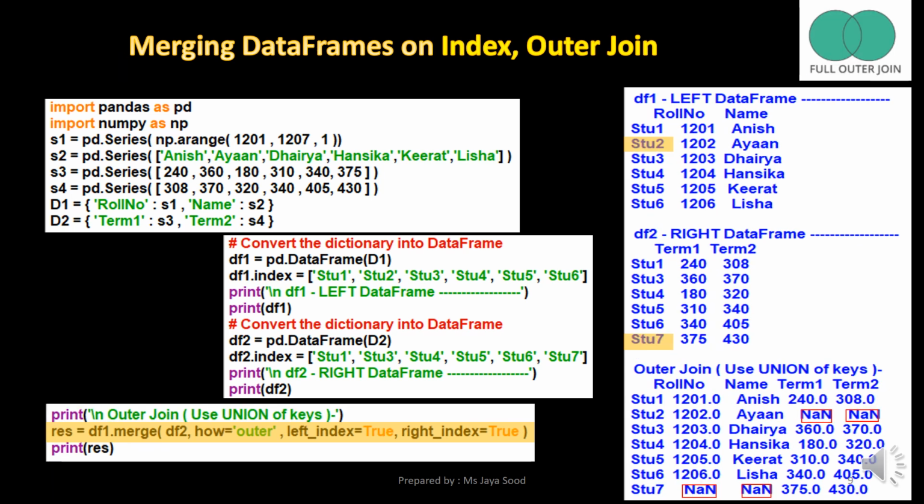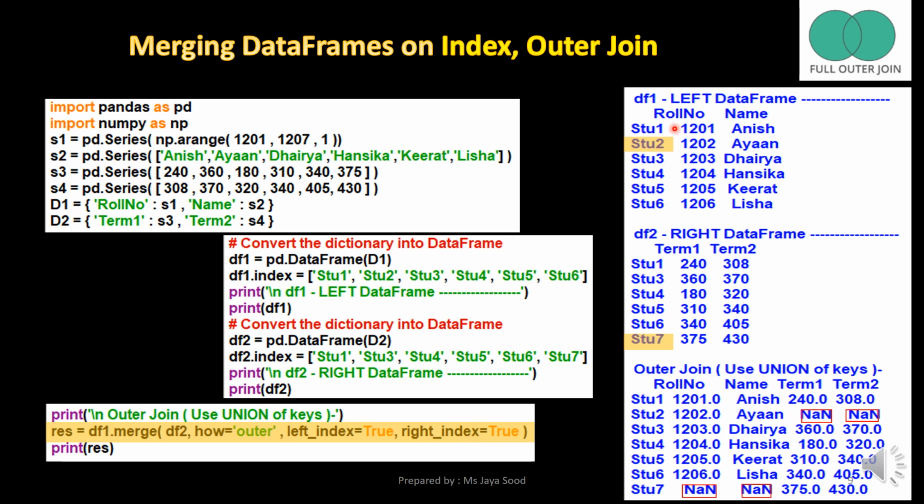Now let us create an outer join using the merge function for our example. The data frame object res is created by writing the statement df1.merge(df2, how='outer', left_index=True, right_index=True).